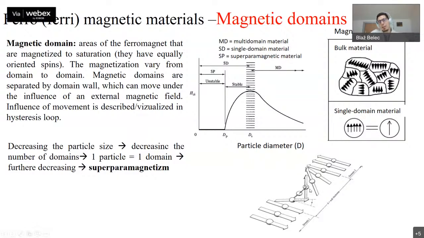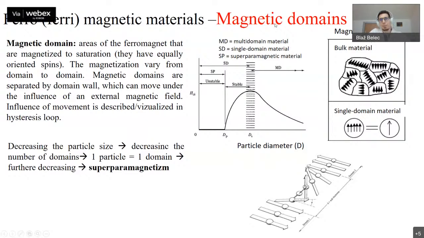And this flipping starts to happen also in the other domain, where the spins are oriented in the other direction to the magnetic field. With this mechanism, we can reach total saturation of the material, where the spins of all the domains are pointing in the same direction as the magnetic field.